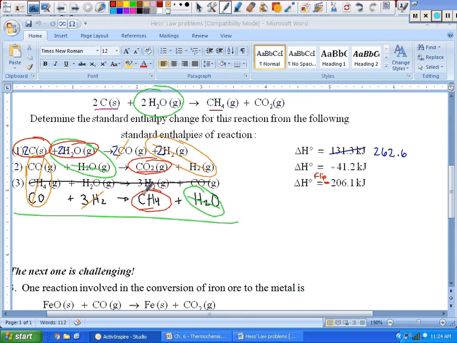So what would be the delta H of this entire reaction? It's going to be positive something. Is that right? So it's 245.3. So it's going to be 0.3, 245. So 7. So it'll be 17.3, right?